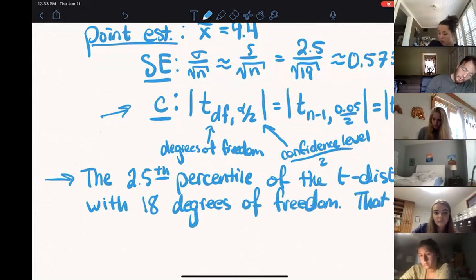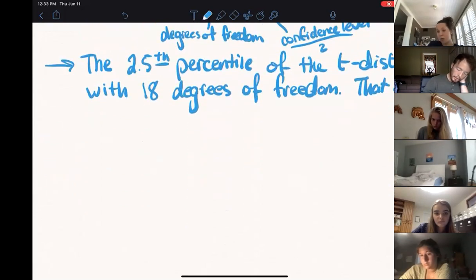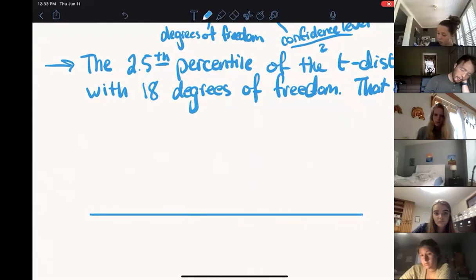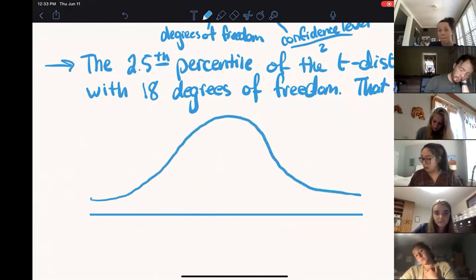And this can be seen as, well, what do we have here? It's going to be on the t distribution, which looks like this. It's centered at 0.